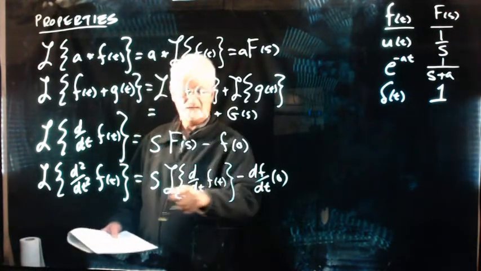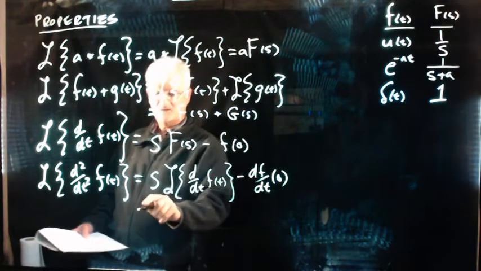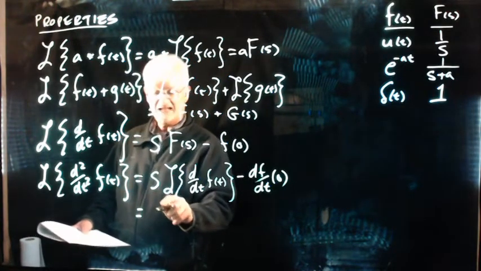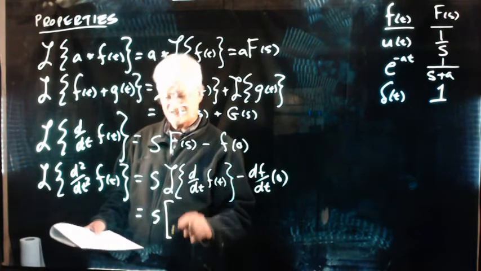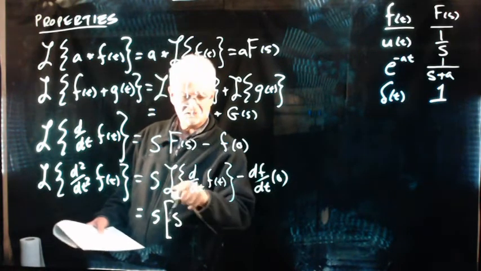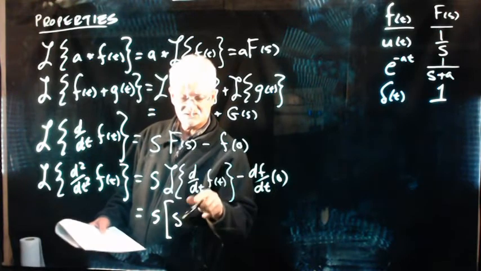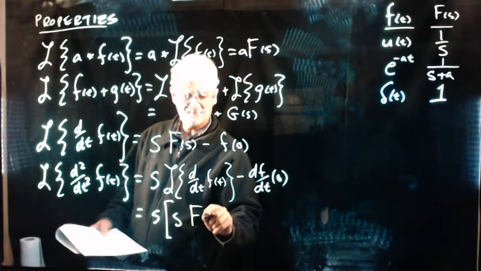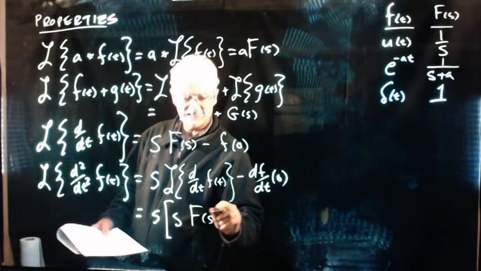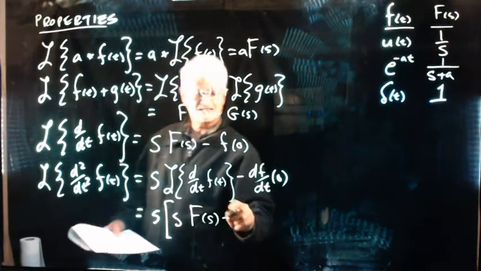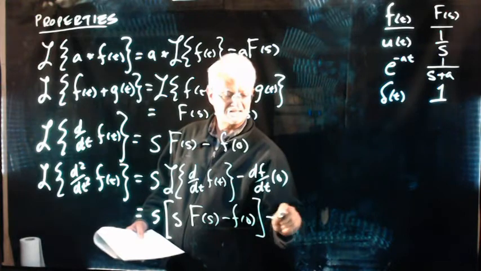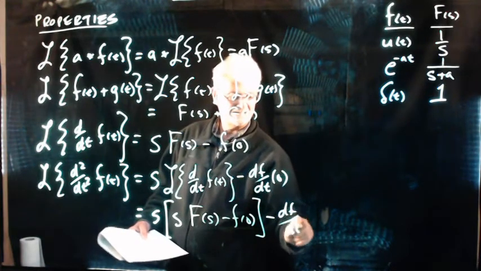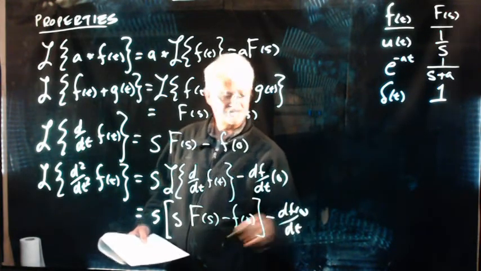So now we have to worry about what this looks like. We already know what this looks like. This is just going to be s and then we'll put some square brackets on here, s times the Laplace transform of d by dt, which is s times F of s minus f of 0, minus df dt at time t equals 0.